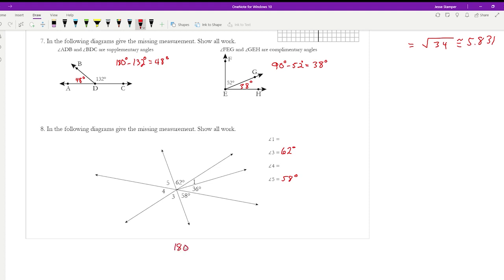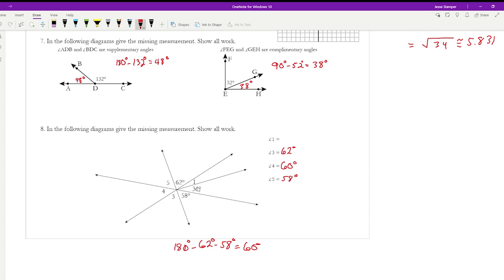So if we do 180 minus 62 minus 58, we actually equal 60 degrees.